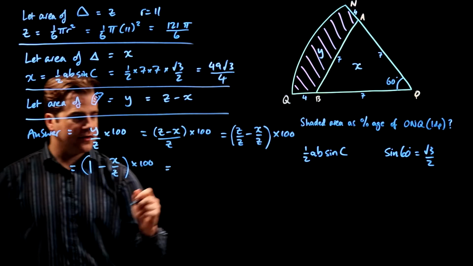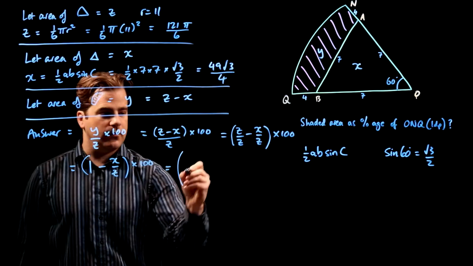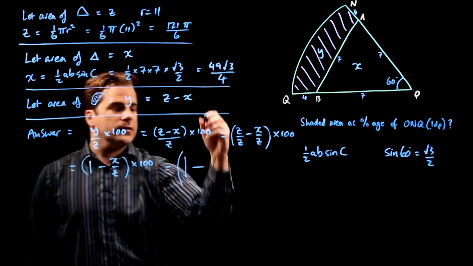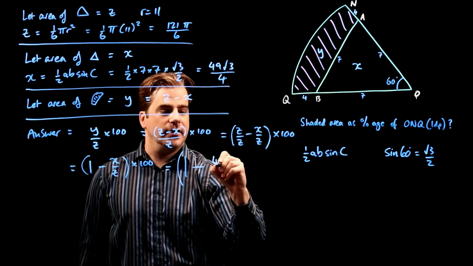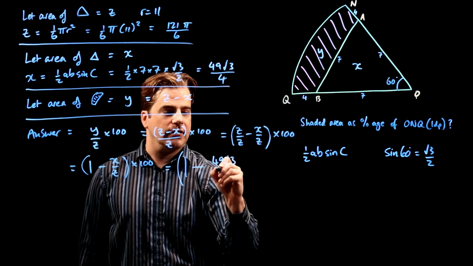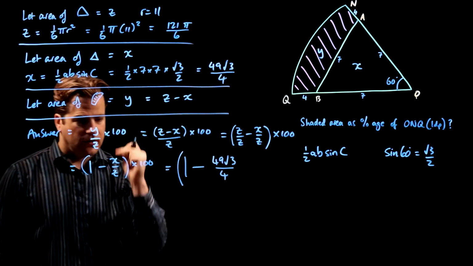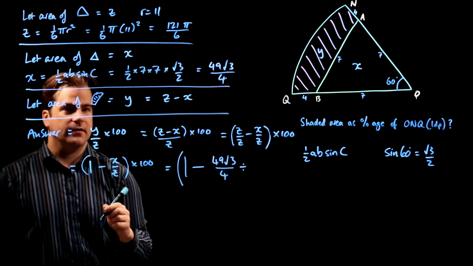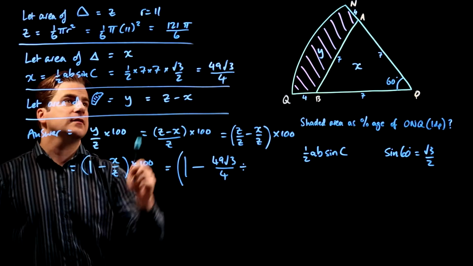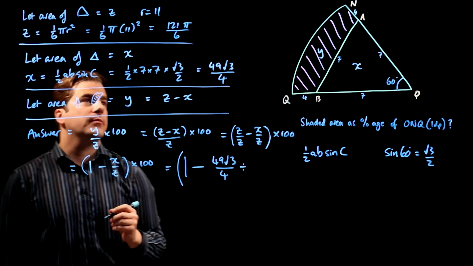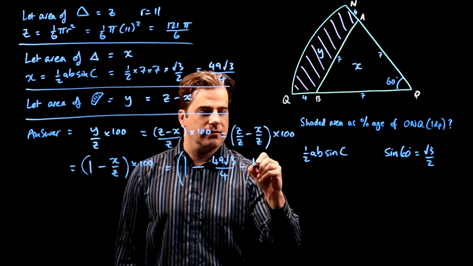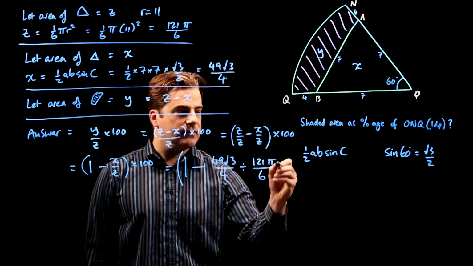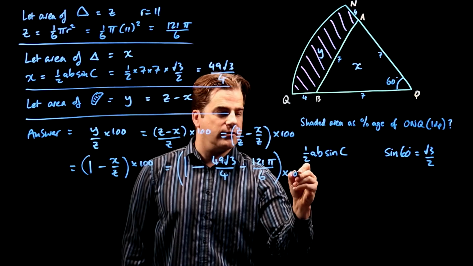Okay, let's work this out. So 1 minus X, 49 root 3 over 4, divided by Z. So I'm actually going to write the dividing sign there. Z is 121 pi over 6, times 100.